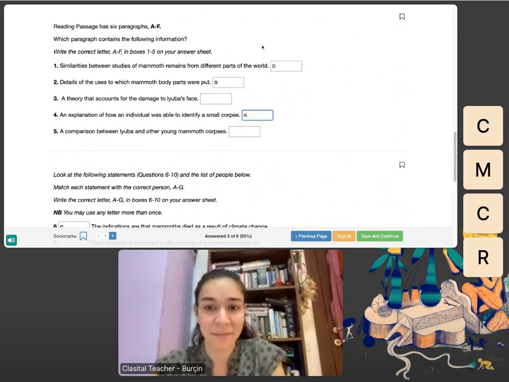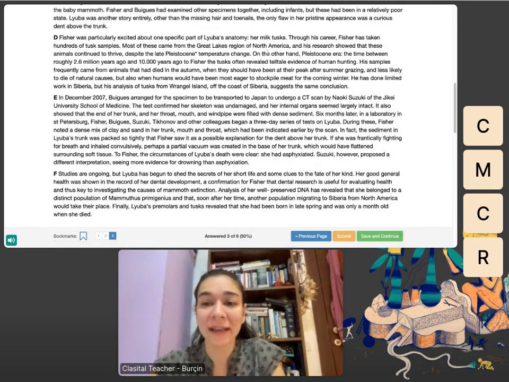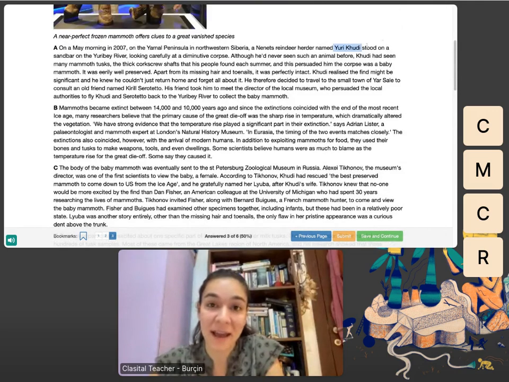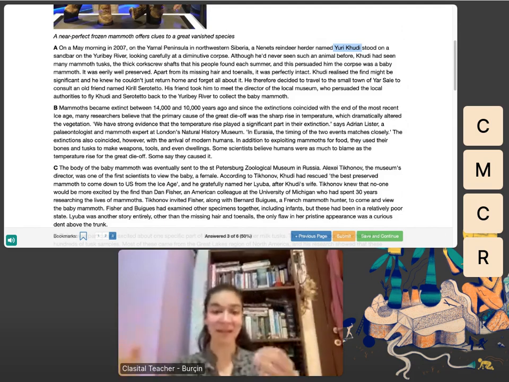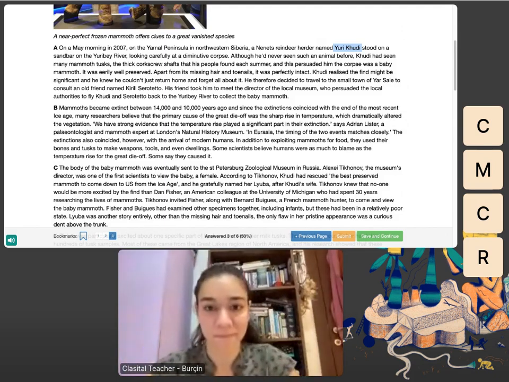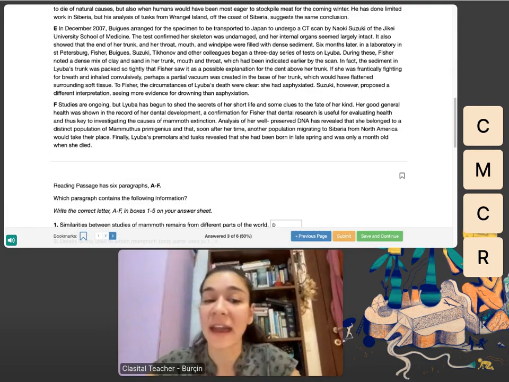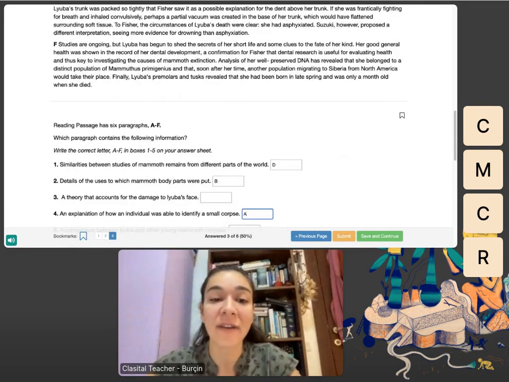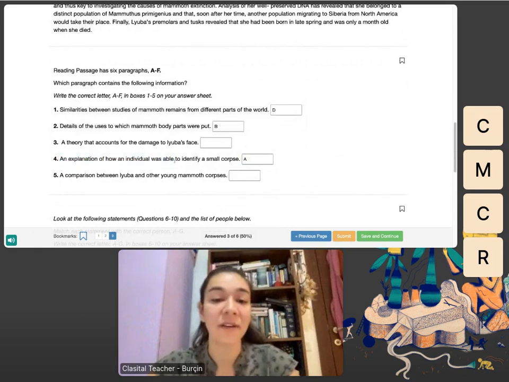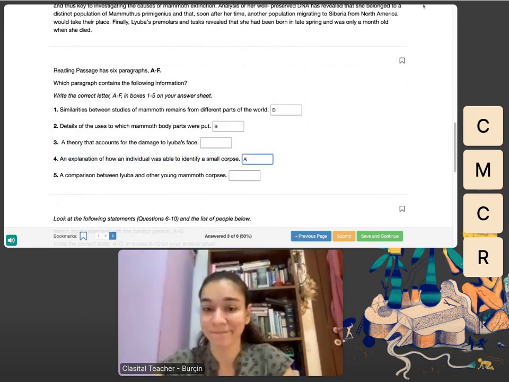Yuri has identified a small corpse, most probably between the eyes. So it makes my answer A. An explanation of how an individual, Yuri, was able to identify a small corpse. It is A.